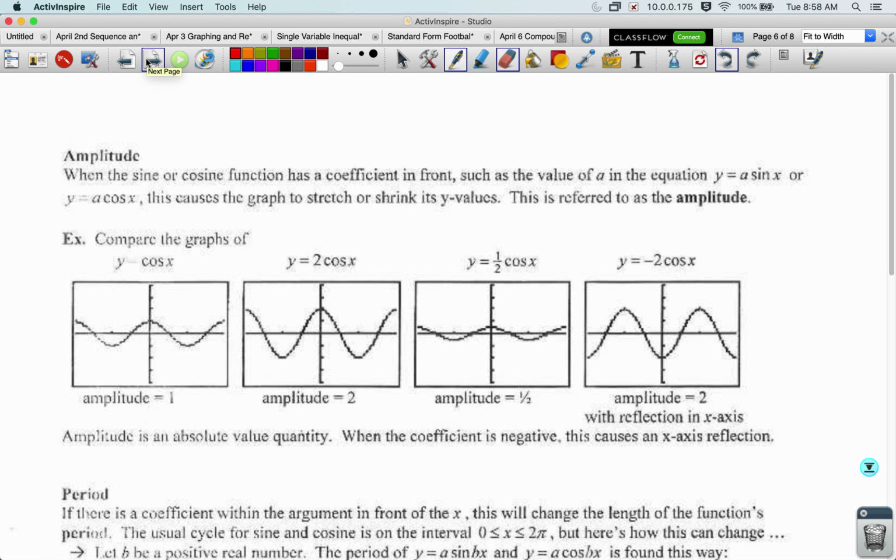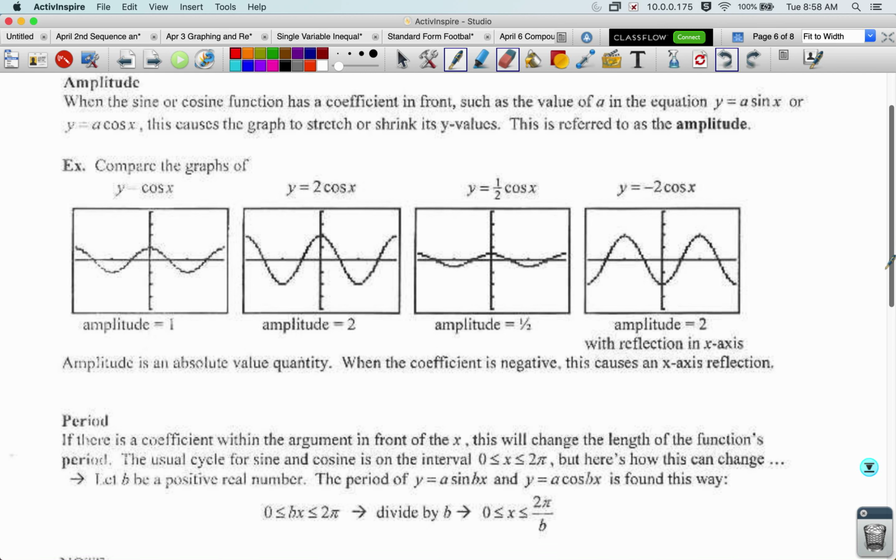All right, amplitude. When the sine or cosine function has a coefficient in front, such as the value of a in the equation y equals a sine of x or y equals a cosine of x, this causes the graph to stretch or shrink its y values. This is referred to as the amplitude. It's also referred to as a vertical stretch, but because we started with amplitude 1, the a value directly tells you the new amplitude.